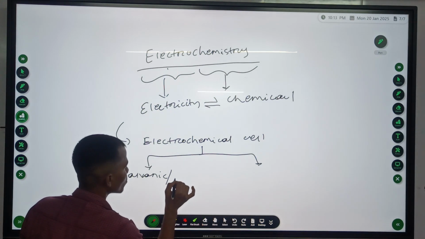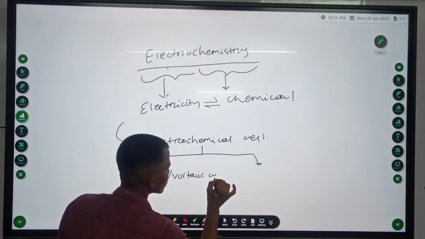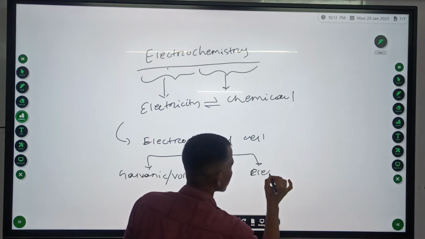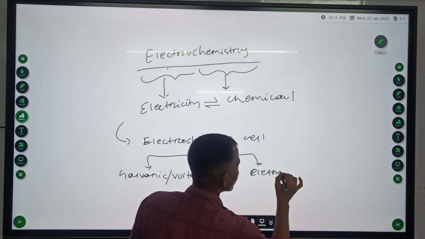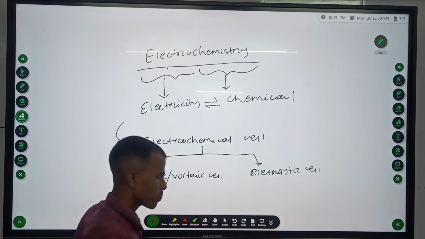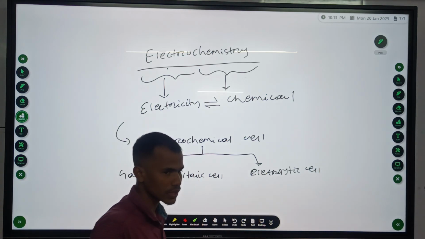and it is also known as voltaic cell, and the other cell is the electrolytic cell. So what is the major difference between the galvanic cell and the electrolytic cell?